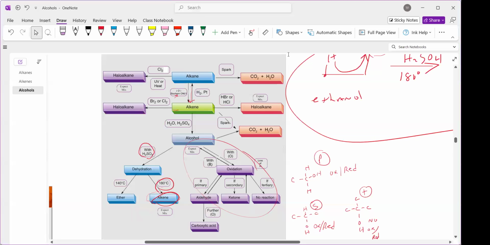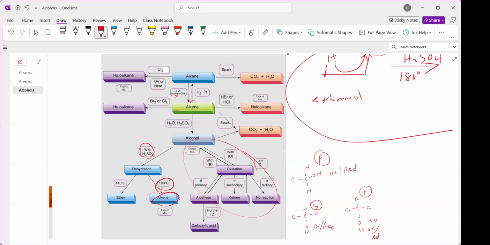Now, when we look at this chart, there are arrows. The arrows are going to the product. If we reverse the arrows, it's going to go towards the reactants. So in this case, if we add water to an alkene, we get an alcohol. We have to go against the arrow, though.